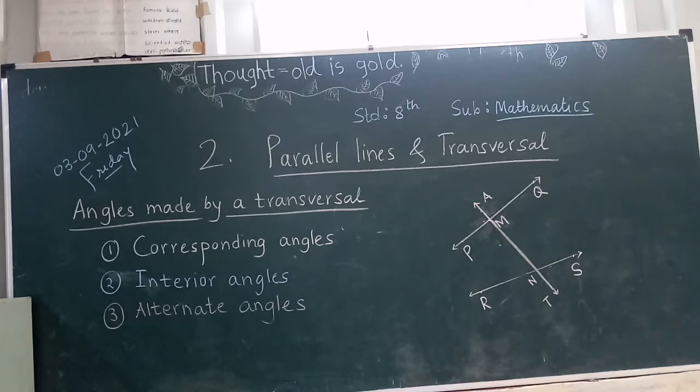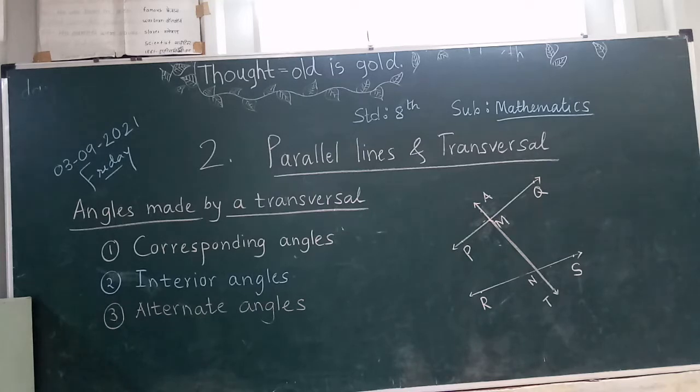Second, interior angles. What is meant by interior angles? A pair of angles which are on the same side of the transversal and inside the given lines. It should be on the same side of the transversal and inside. Such angles are called interior angles.